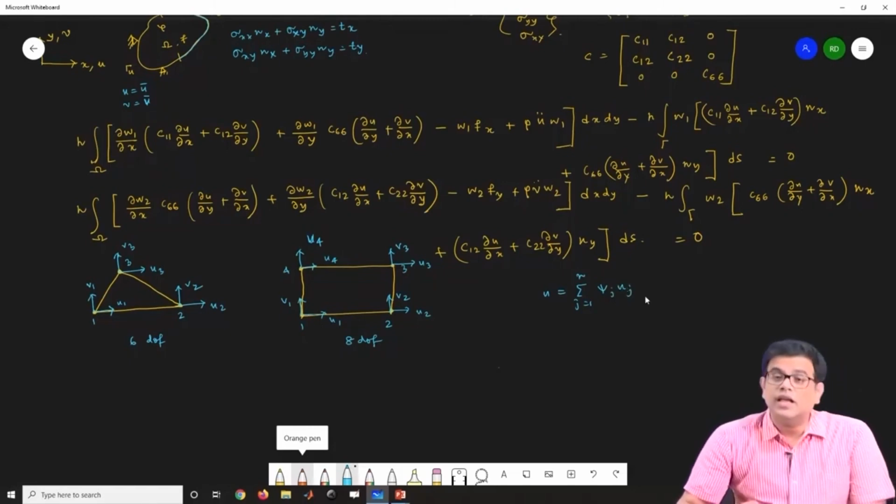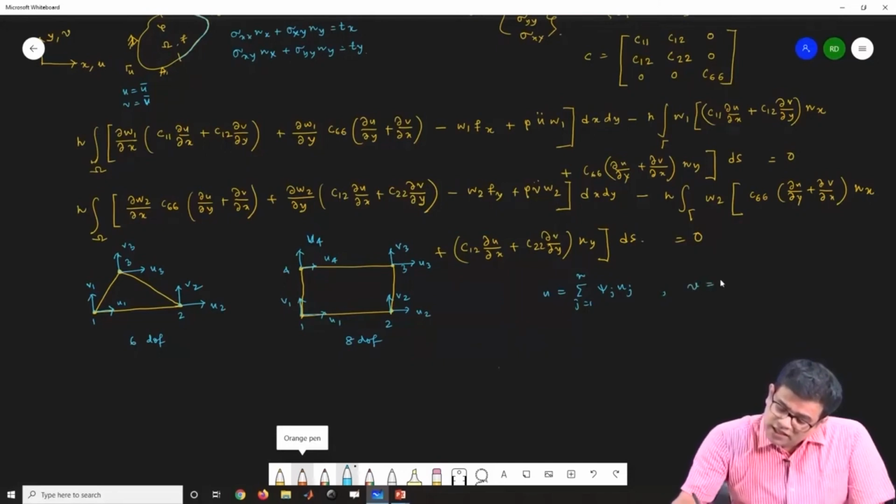So this is the u displacement discretization. Similarly, you will have the v displacement, that is summation of j equals 1 to n, psi j vj.